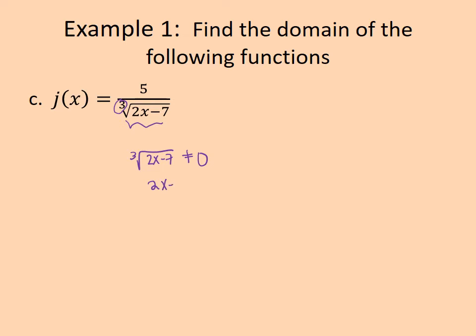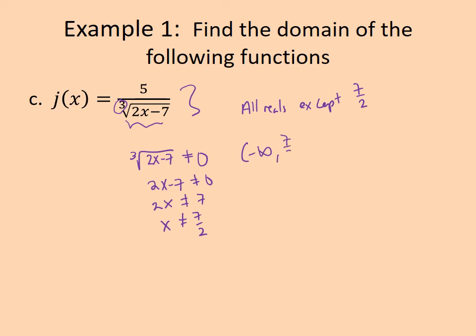So 2x minus 7 does not equal 0. 2x does not equal 7. x does not equal 7/2. For this problem, the domain is all reals except 7/2. Or in interval notation, it would be negative infinity to 7/2 or 7/2 to positive infinity.